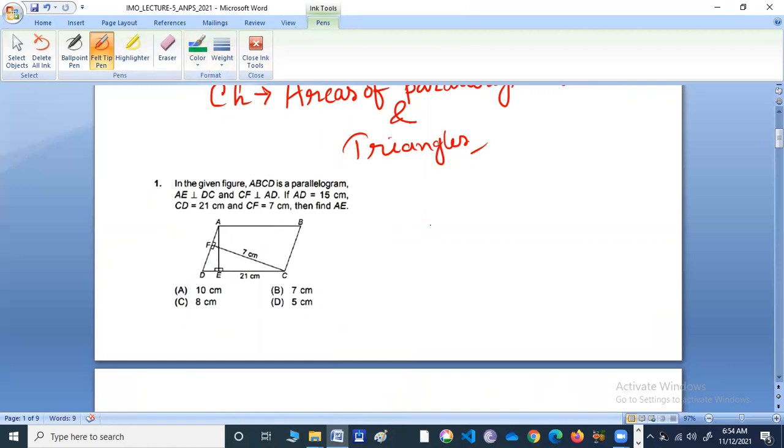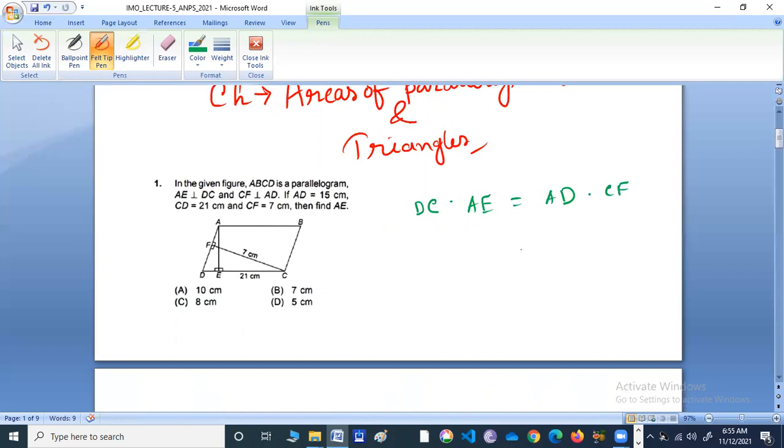So if I take DC to be the base, the area of the parallelogram will be DC into height, that means AE. And if I take AD to be the base, then its area will be AD into CF.